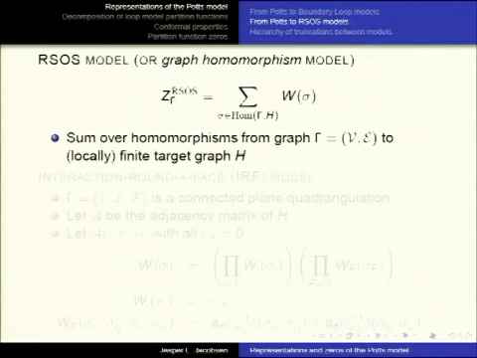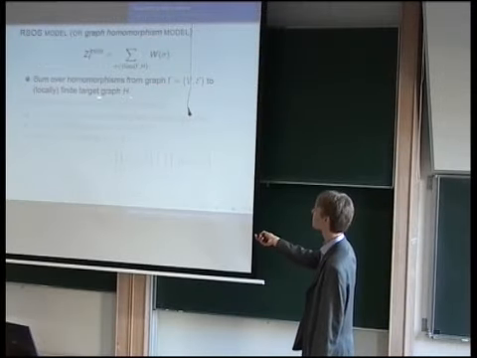So it's called a RSOS model. RSOS stands for restricted solid-on-solid. It comes from physics. In mathematics, it might be called a graph homomorphism model. So the idea is that I want to define a partition function which is the sum over graph homomorphisms between my given graph and some target graph.